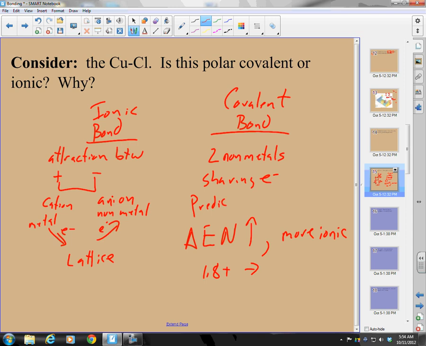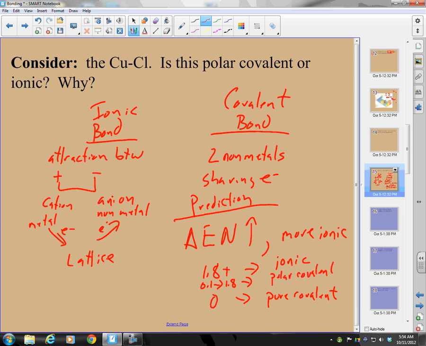It doesn't always tell us exactly the case, but if we want to predict, we can look at this. If it's 1.8 and plus, we usually say it's ionic. If it's 0, we say this is pure covalent, and that means complete, equal sharing. And if it's in between, from 0.1 to 1.8, we'd say this is polar covalent.